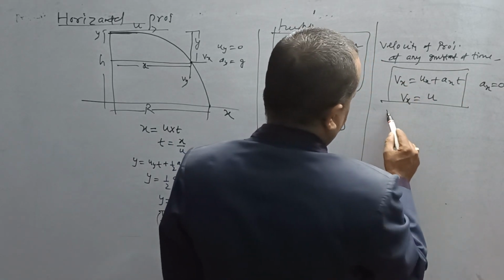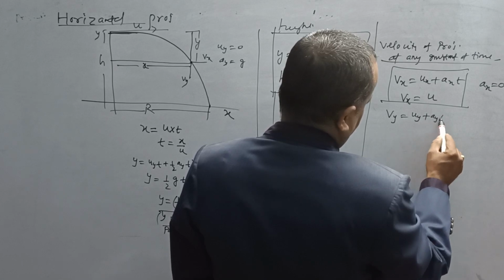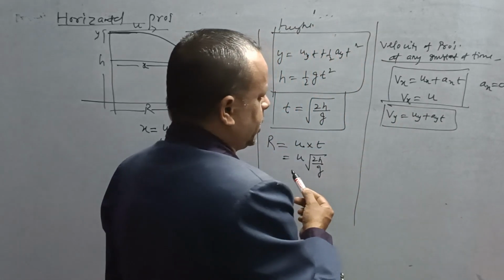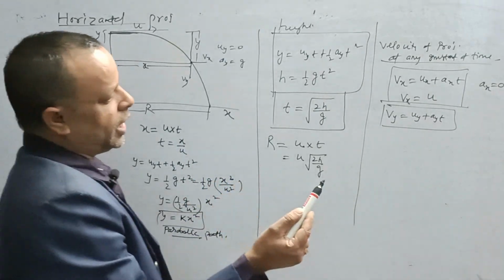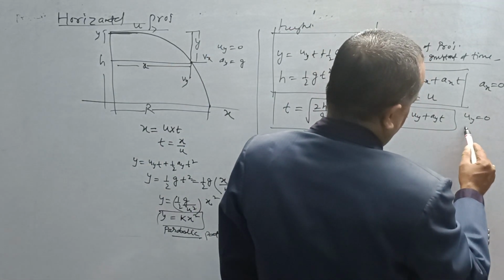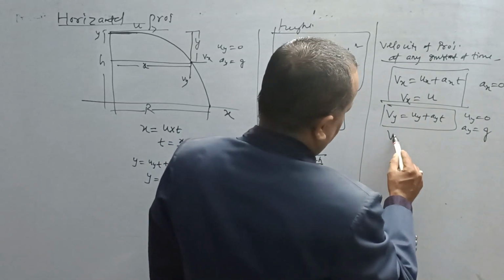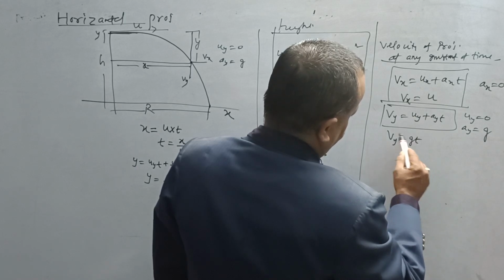Then velocity along the y-axis is u_y plus a_y into t. Since it is the case of horizontal projectile, we don't have a component along the y-axis, and a_y is only gravity, so v_y will be equivalent to g into t.